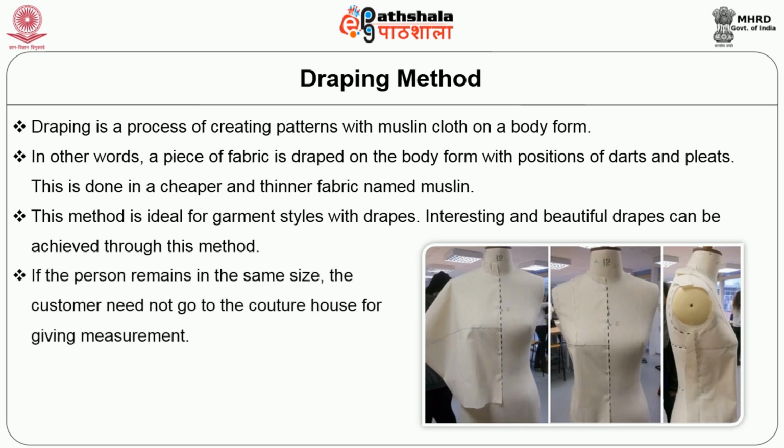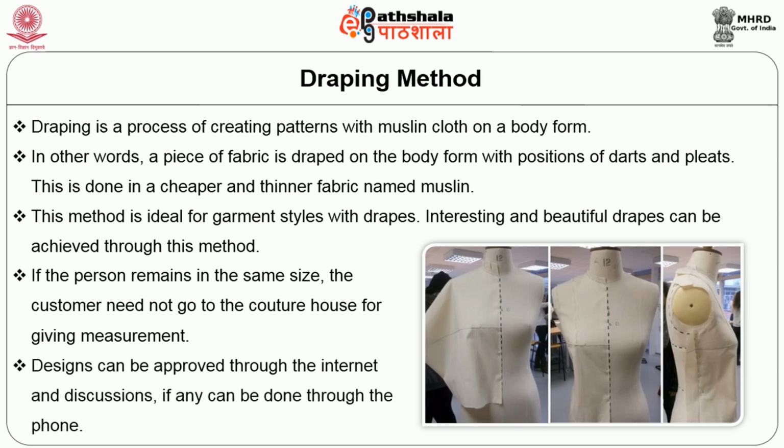If a person remains in the same size, the customer need not go to the couture house for giving measurement if the body form of his size is available in the couture house. Designs can be approved through the internet and discussions, if any, can be also continued through the phone.